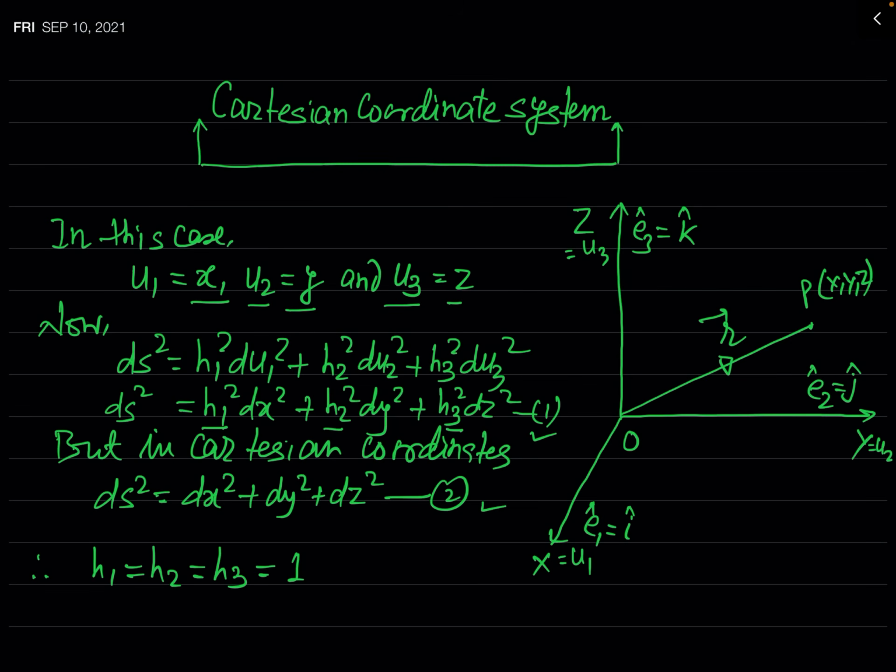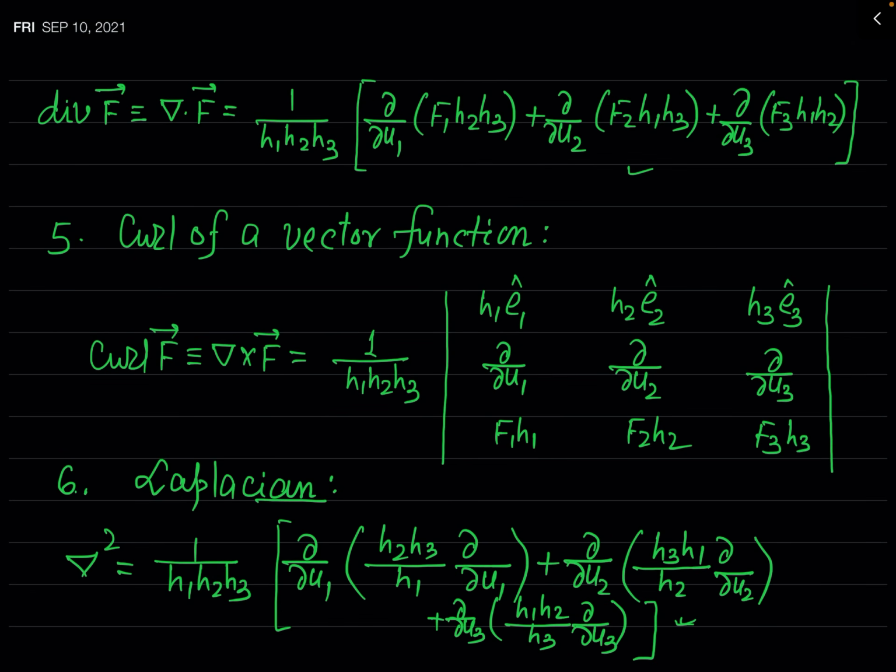Now you can define in similar manner the divergence of a vector function in Cartesian coordinate system. You have seen the expression for divergence of a vector function f in orthogonal curvilinear coordinate system, and I am just repeating this expression for your convenience.